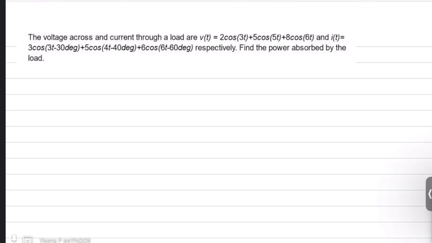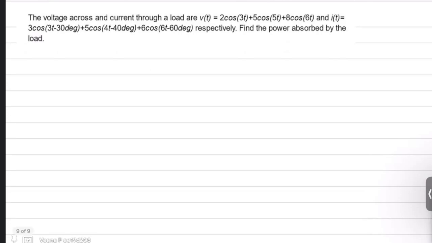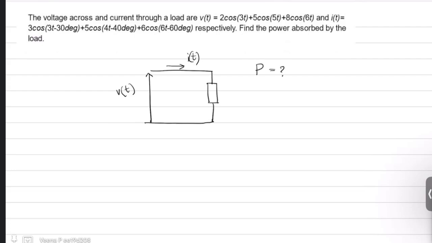Now you are asked to find, there is a load and the voltage across the load is given by the question, and the current through the load is also given. You are asked to find how much power is absorbed by the load. So by power absorbed we mean the real power or the active power.